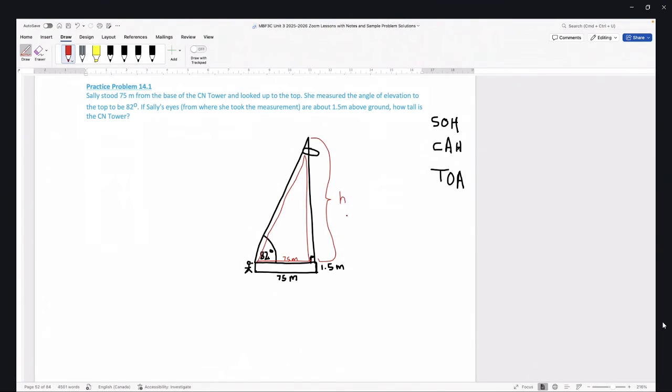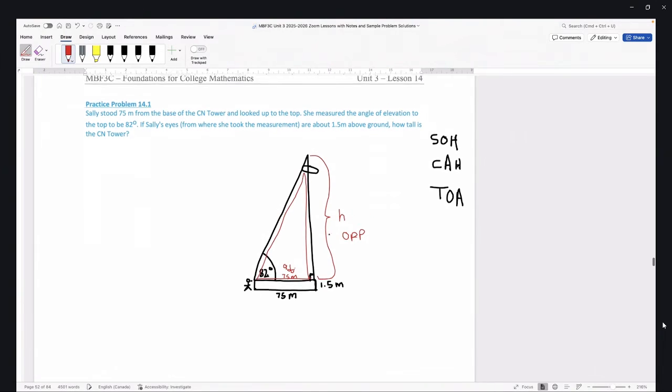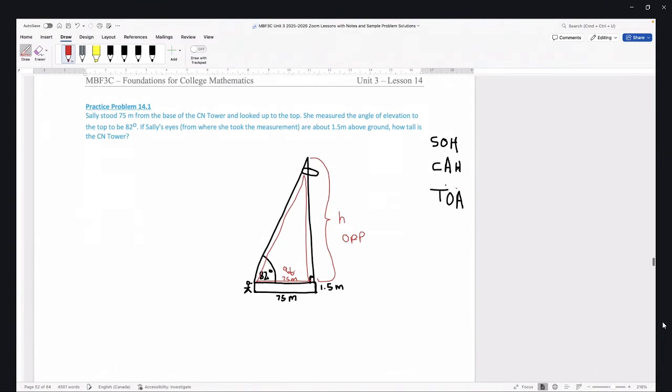We're asked to find the opposite side. And we're given, this right here is 75 meters. This would be the adjacent side. So opposite and adjacent is tan. So we're going to be dealing with tangent.